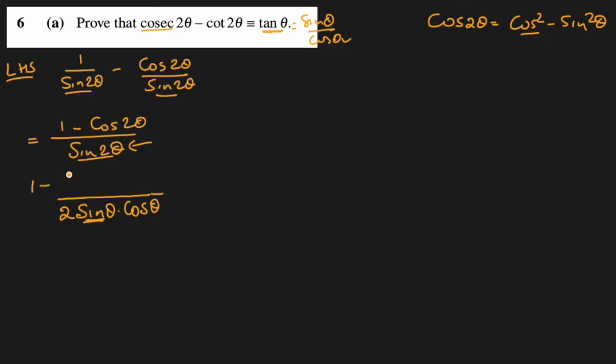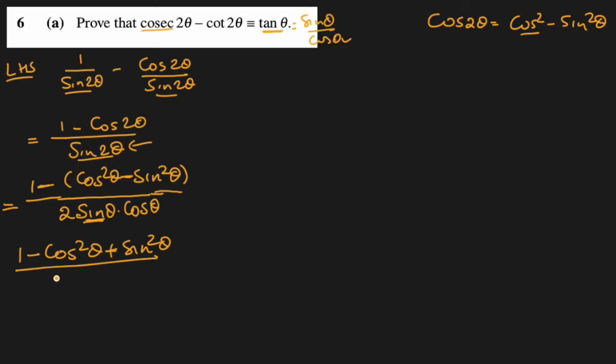So 1 - (cos^2 θ - sin^2 θ). So we get 1 - cos^2 θ, minus sine, not minus, plus. This negative and this negative will make it plus sin^2 θ, over 2 sin θ cos θ. Now 1 - cos^2 θ is sin^2 θ.